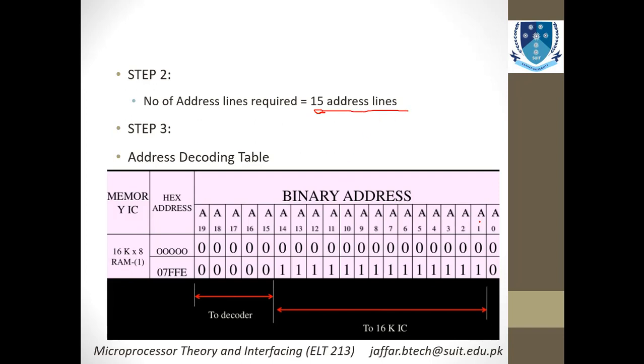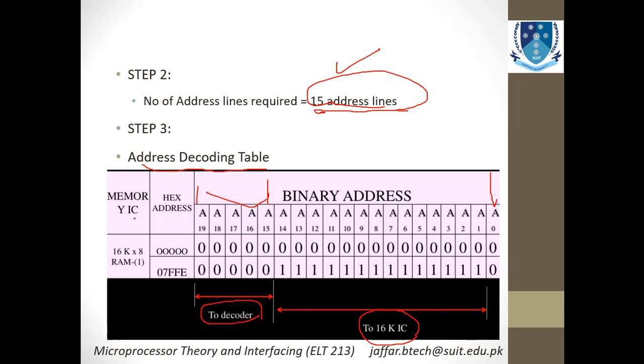You can see that from A0 to A19 there are 20 bits of address, in which A15 to A19, these five, are reserved for the decoder, and A0 to A14, these 15 lines, are the memory locations. This is basically the 15 address lines. And the third step is to draw the address decoding table, and you can draw this using this information.